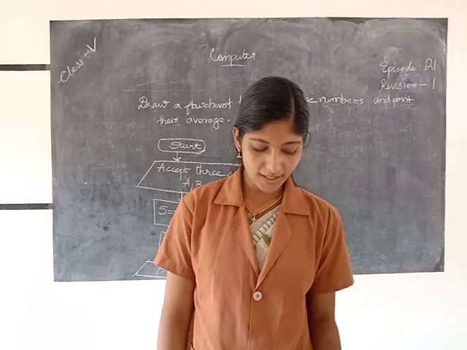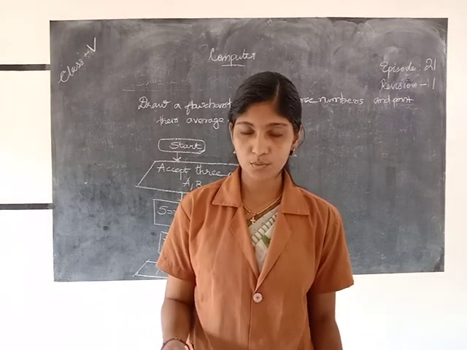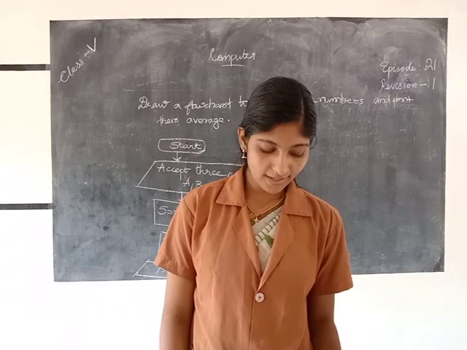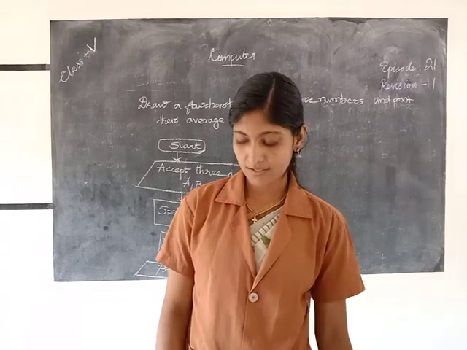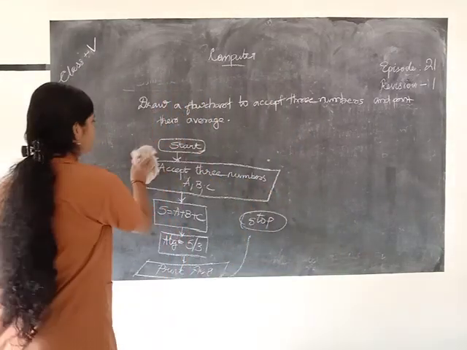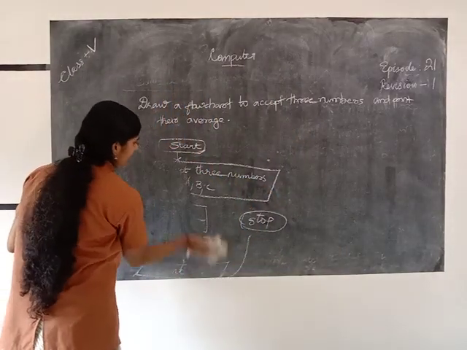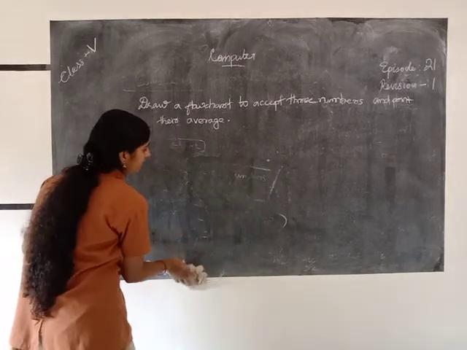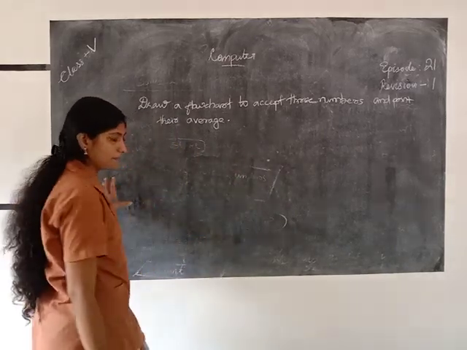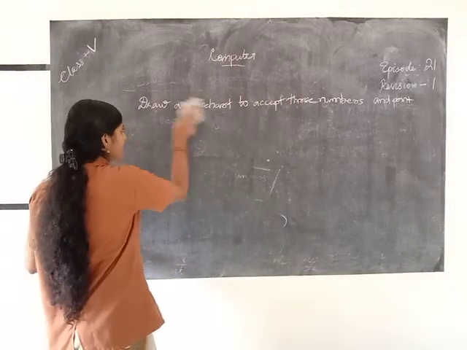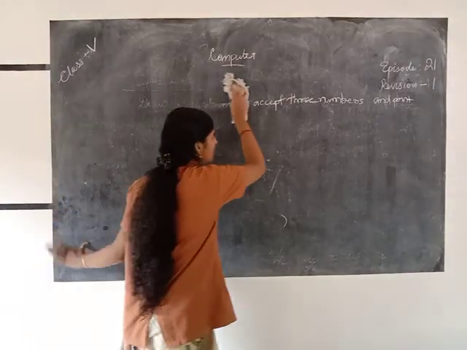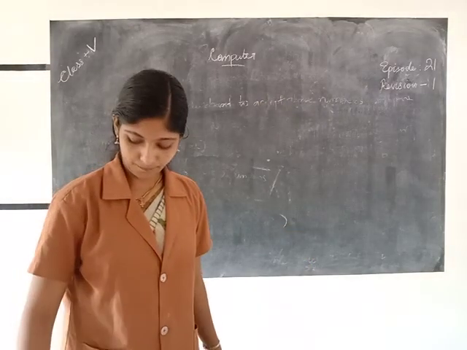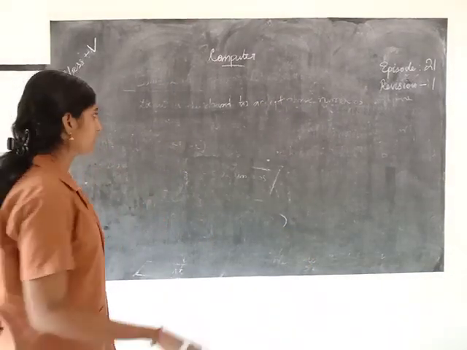Then another question. Accept two numbers and add them. Print yes if the result is greater than 100, otherwise print no. So let's do that. Accept two numbers, then calculate the sum. Next step, if the sum is greater than 100, then print yes, otherwise print no. So let's do it.